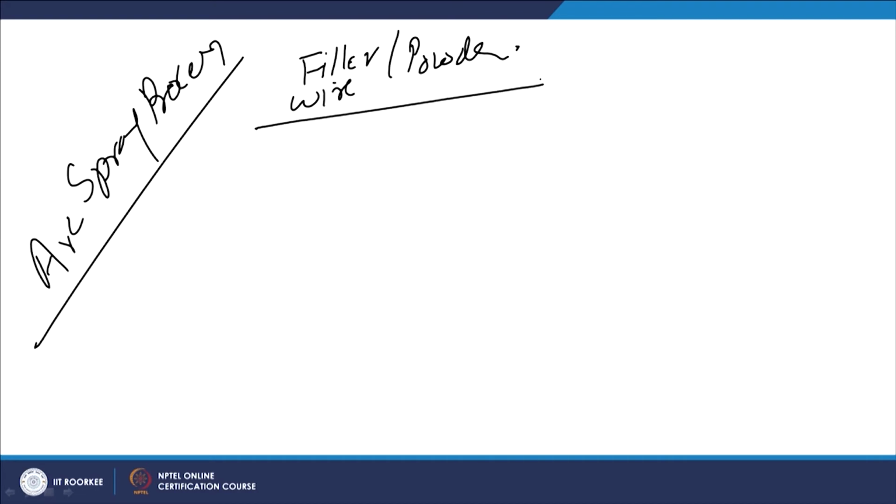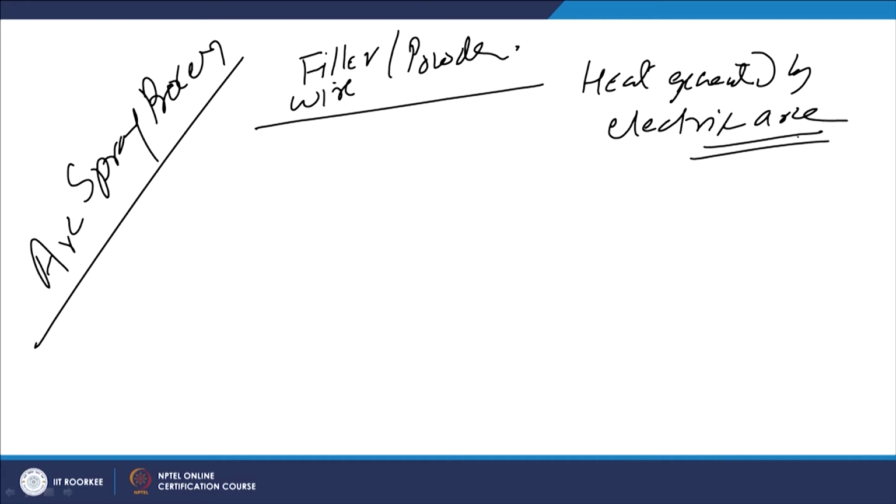Basically, this process uses the heat generated by electric arc. The power of the arc is given by VI. So, VI decides the amount of the heat being generated.